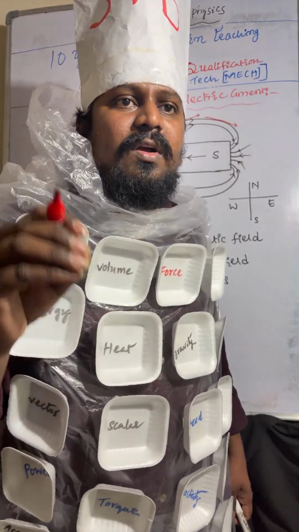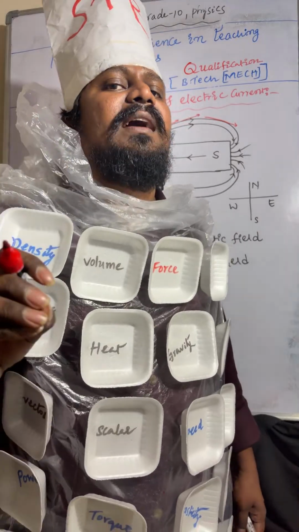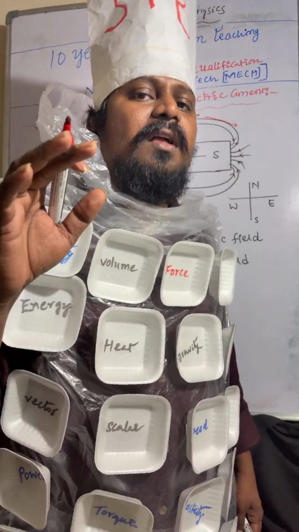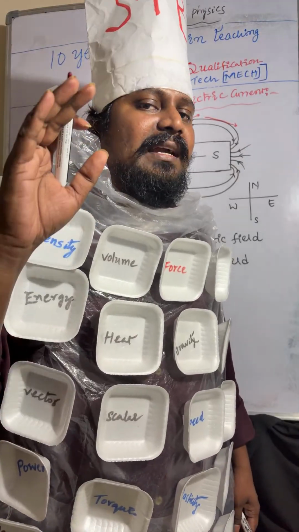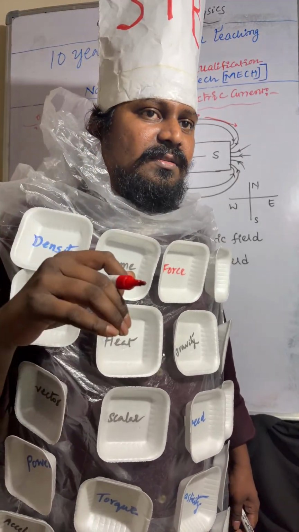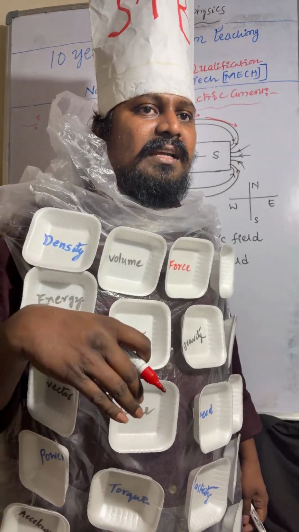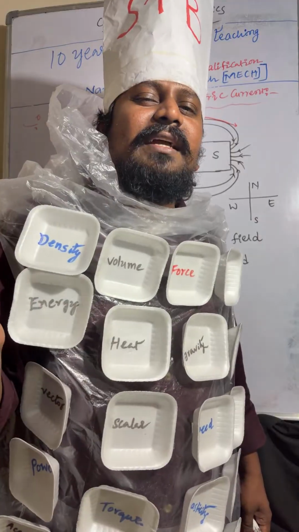The compass will show only one direction at a time, that is north to south. Like this, somewhat tilted, it will be north to south. Understood? So it cannot show two directions, right?